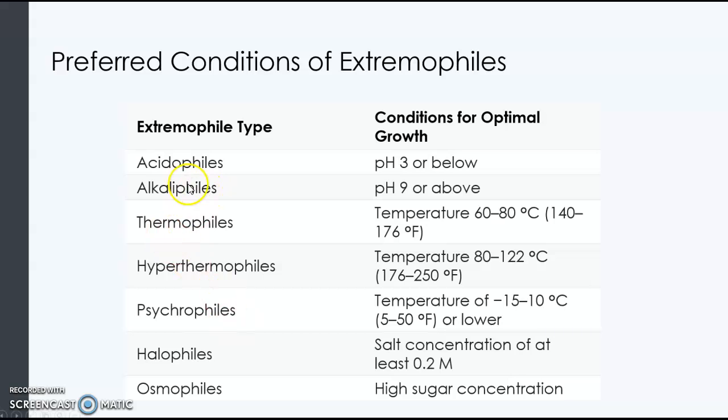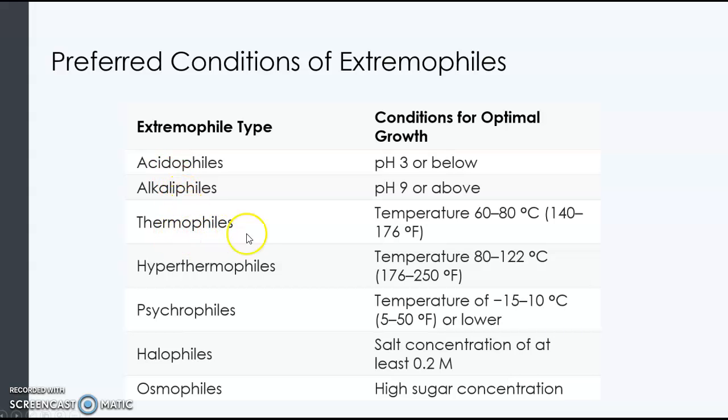These are different types of extremophiles listed on the left, and the conditions that they grow in best are listed on the right. So acidophiles, pH 3 or below. Alkalophiles, because alkaline is basic, so that will be pH 9 or above. Thermophiles, phile, by the way, means loving. So acidophiles love acid.